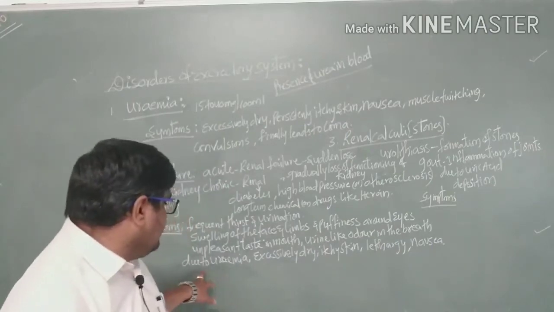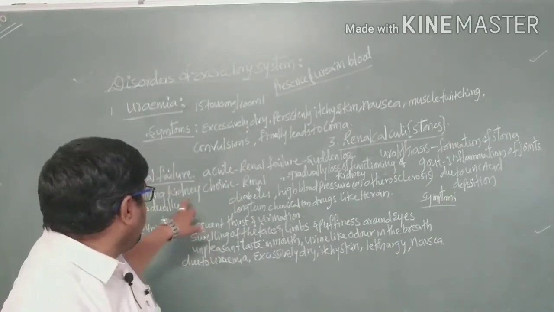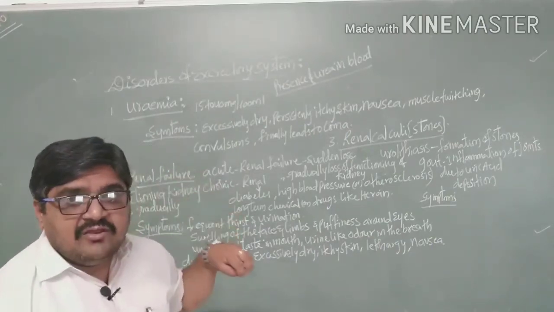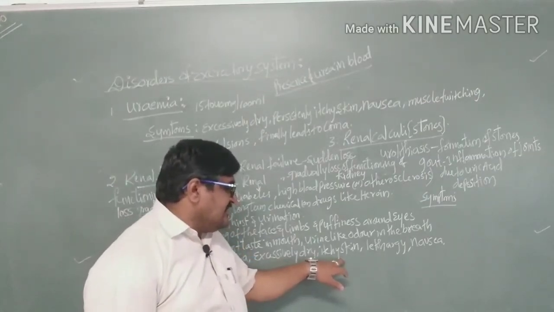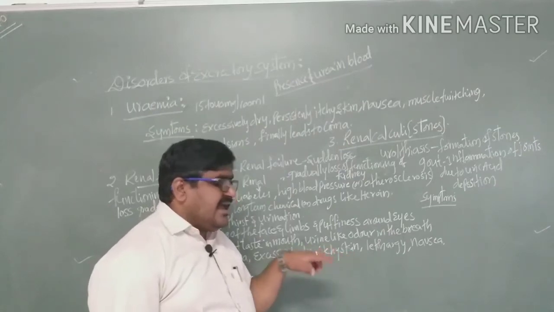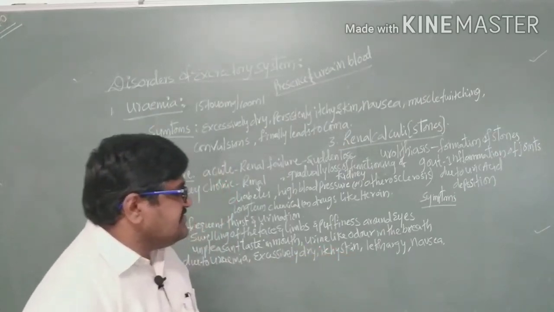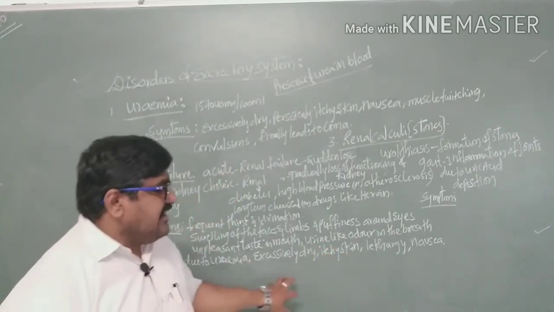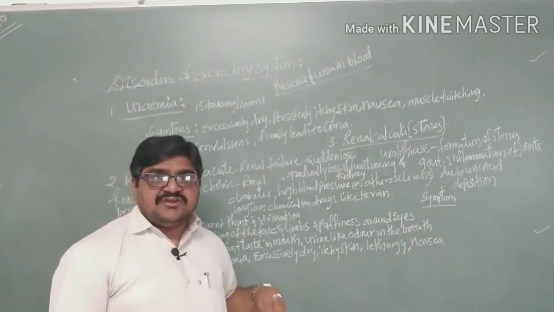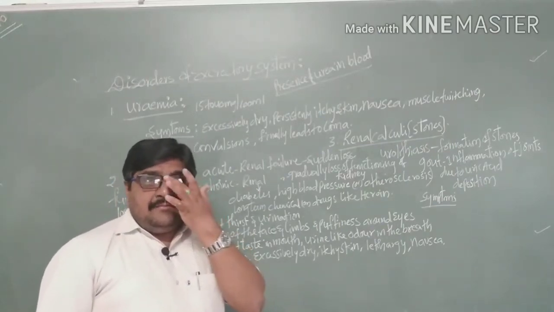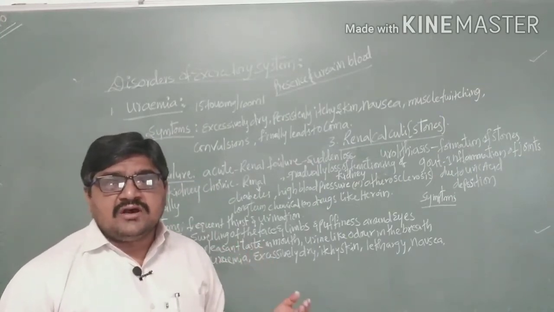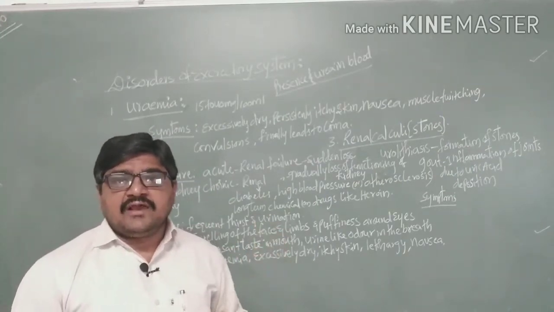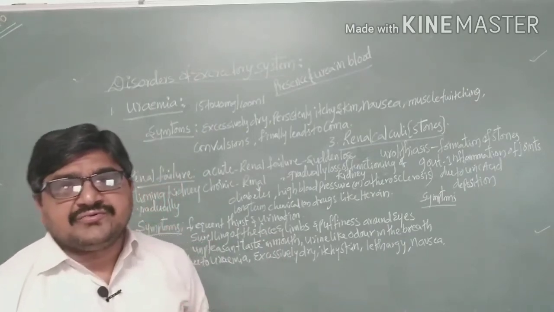Uremia also leads to renal failure, along with excessive dryness, itchy and leathery skin, as well as nausea. These are the various symptoms shown in renal failures, whether acute or chronic.